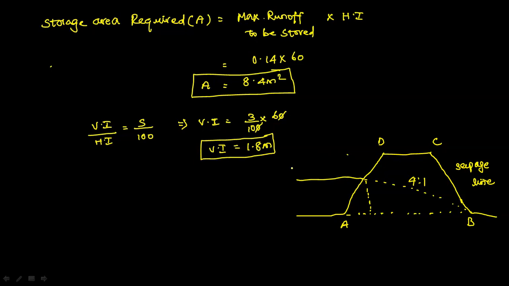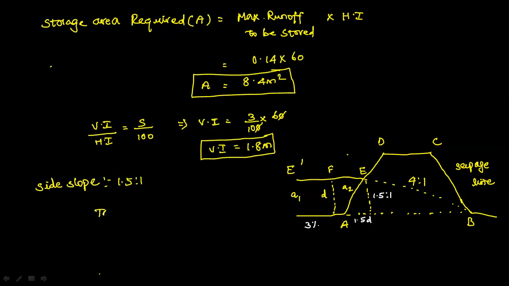You can take this as E dash and this particular point as E. Consider this point as F. 1.5 denotes the side slope, 1.5 D, and here the area A2. We want to take the triangle A1 and A2.